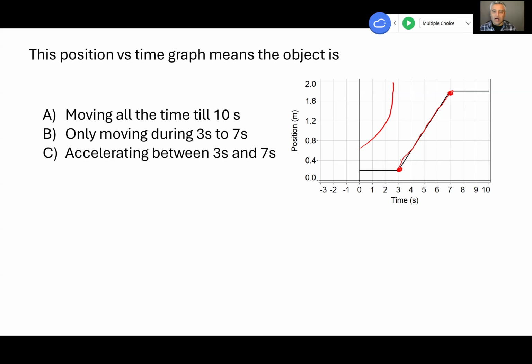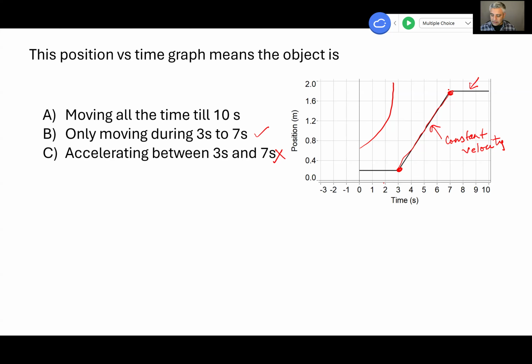One slope means one velocity. That means velocity is not changing. Velocity is constant. So that's why it is not accelerating between 3 and 7 seconds, okay? It is moving only during 3 and 7 seconds, and it has a constant velocity. Why? Slope is constant, fixed. See, slope is not changing, okay?